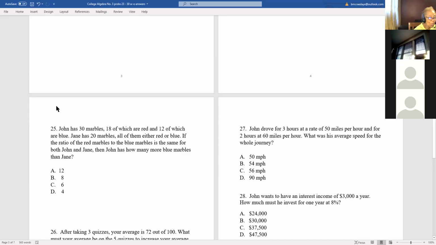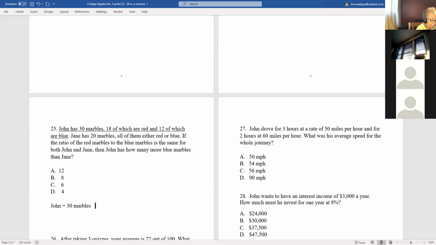All right. Now, what are you given in the problem? John has 30 marbles, 18 red and 12 blue. Let's underline that. Let's put that in a compact way. John equals 30 marbles.